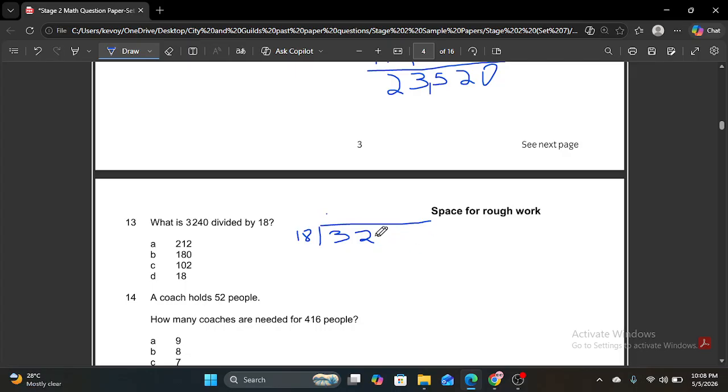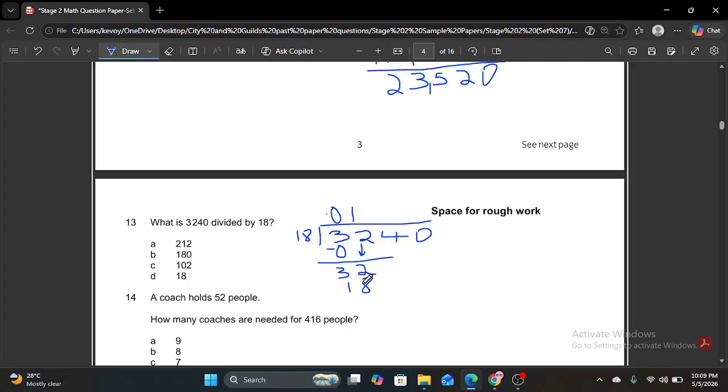So 18 into 3 can't, so after you divide you multiply, so you'll have 0 right here, subtract, and I'm just going through the full long division with you guys. So carry the 2, that's 32. How many times can 18 go into 32? That's 1.